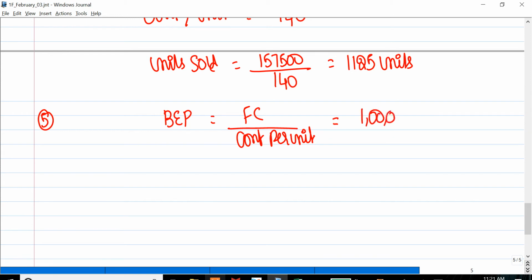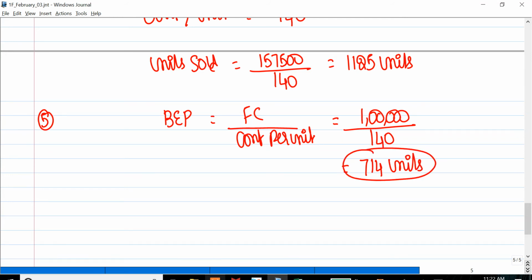One lakh by 140, fixed cost by contribution per unit, is 714 units. Any doubts in this?